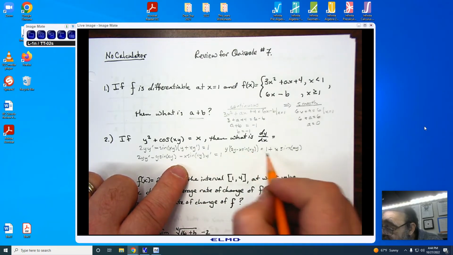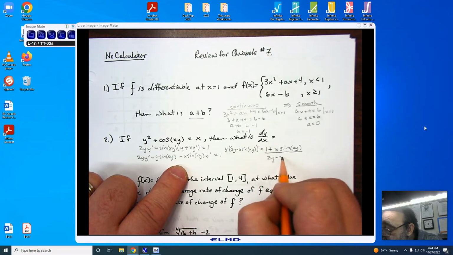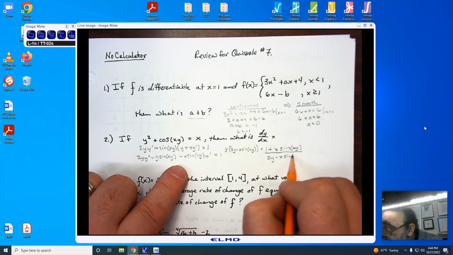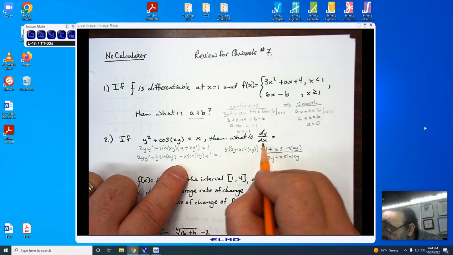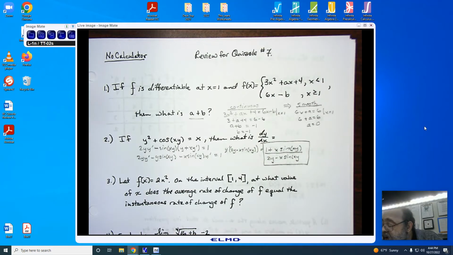This is what we're going to divide, and it's going to go into the denominator over here. And this is my answer. So this is what we're looking for. 1 plus x sine xy all over 2y minus x sine xy, the quantity.